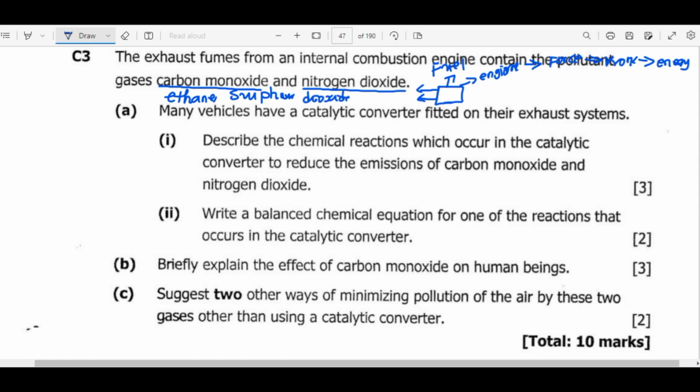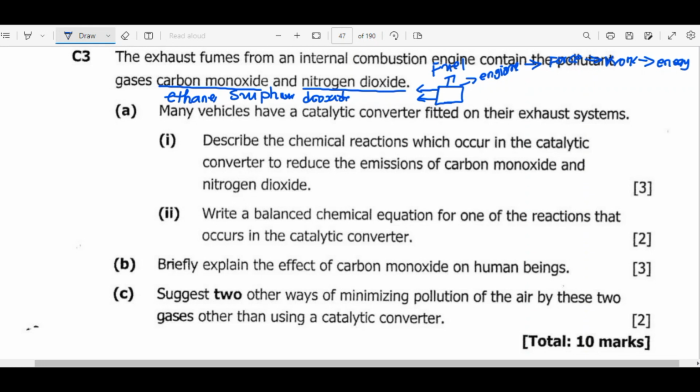Now we know that cars are needed, but how do we minimize the release of these waste products into the air? Because if they are allowed freely to go into the air, they may damage the environment, with changes in temperature or acidic rain, plus too much inhalation of carbon monoxide may cause fatigue in human beings.